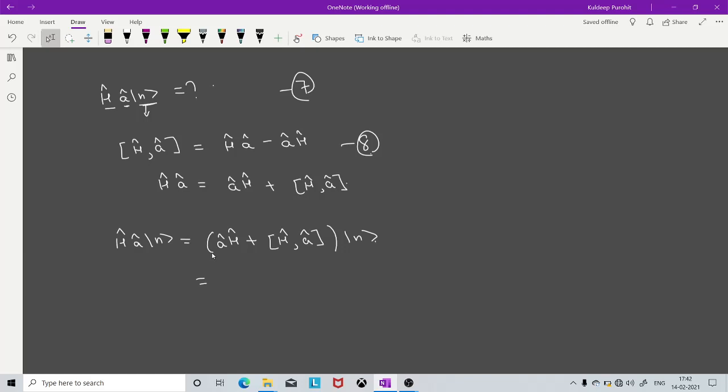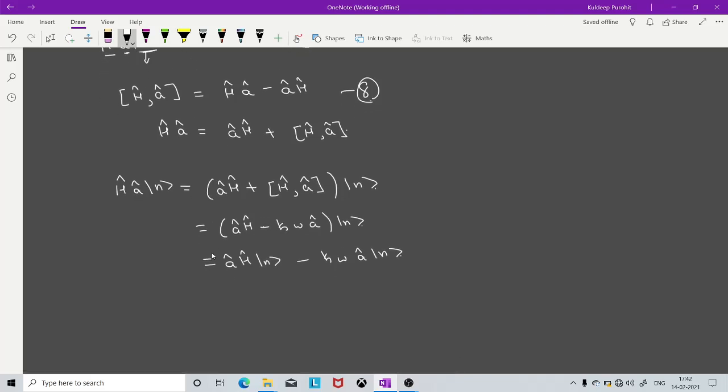So a into h, and from the previous result you know that the commutator of h with a gives you minus h cut omega into a. And this will operate on n. So a into h operates on n, minus h cut omega into a into n.